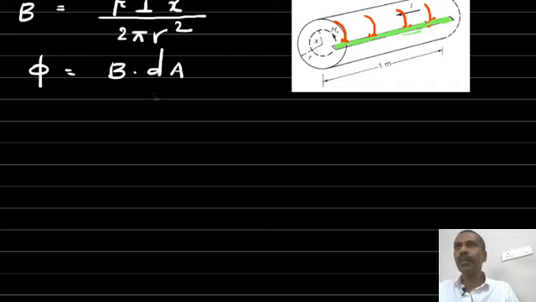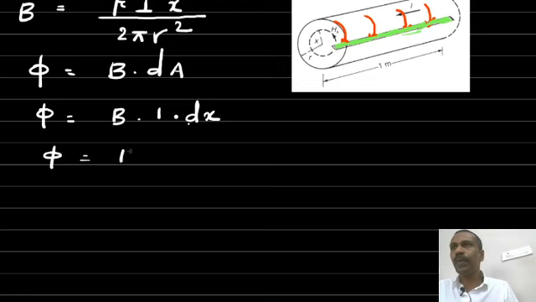The area equals 1 meter length into the width dx. This is the area through which the flux lines pass. So phi is equal to B into 1 into dx. So I can write phi is equal to B into dx.